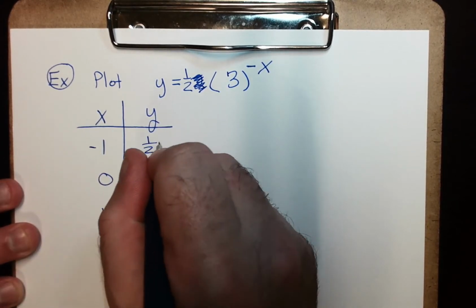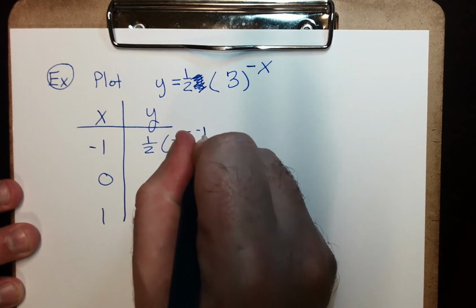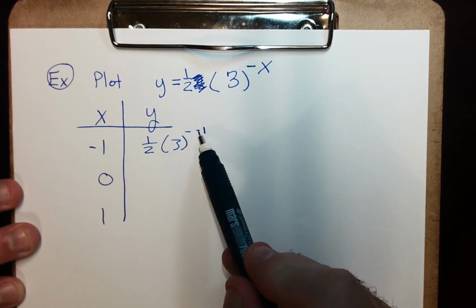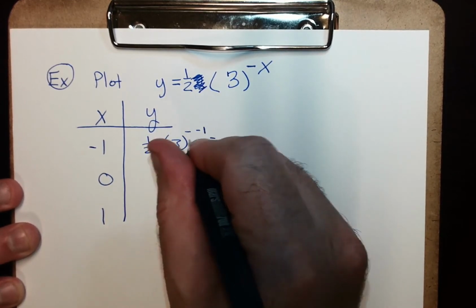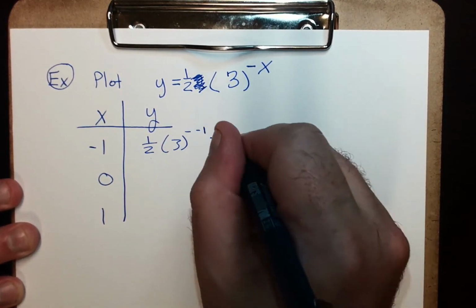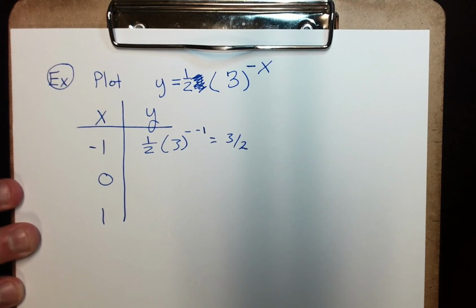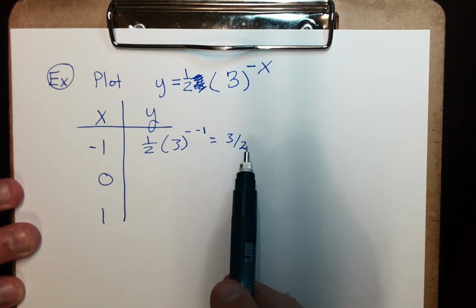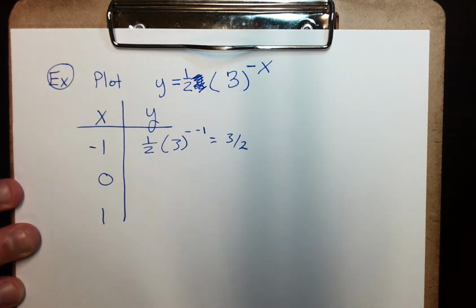And again, if we want to plot this, we don't need a lot of points, we only need a couple. So let's pick a couple of x values. Again, I'm just going to pick 3 and then work it out. So I'm going to take these 3, plug them in here. You have 1/2 times 3 to the -1.